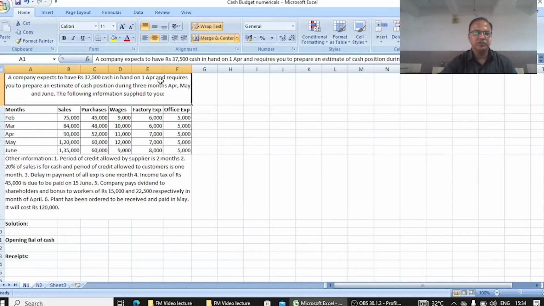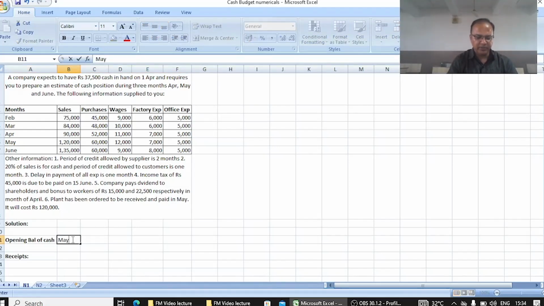A company expects to have 37,500 and requires you to prepare an estimate of cash position during April, May, and June. That means we have to construct the budget for April, May, and June.